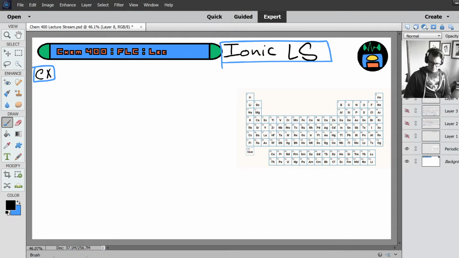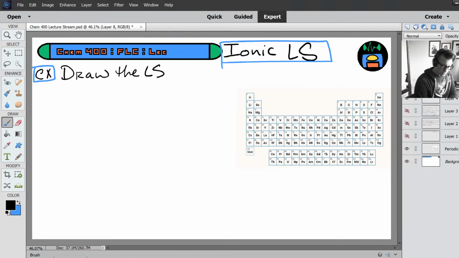Let's take a look at calcium chloride. Let's draw the Lewis structure for calcium chloride.